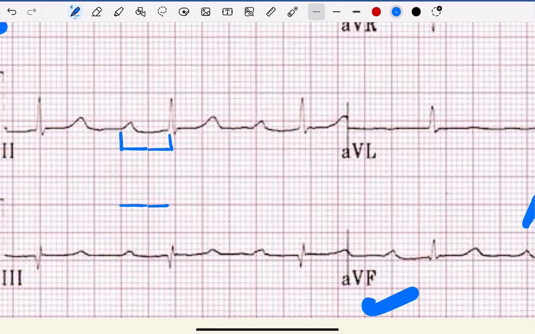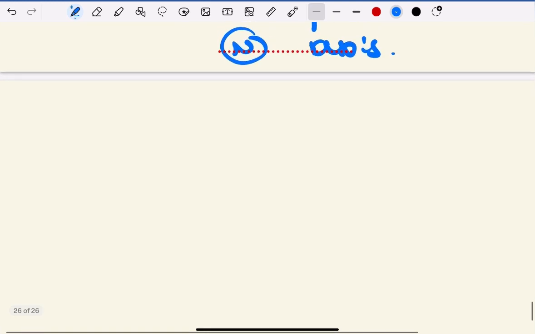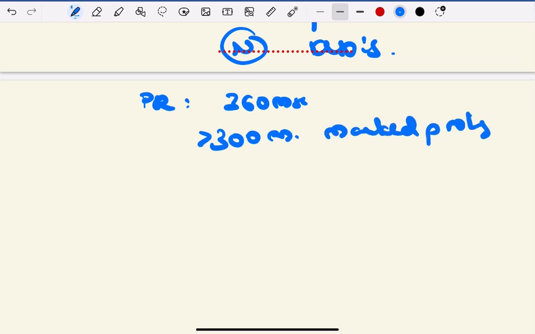It's up to 120 to 200 milliseconds. I'll write here, PR interval is 360 milliseconds. Anything more than 300 milliseconds is known as marked prolongation, and anything more than 120 milliseconds is a prolonged PR.